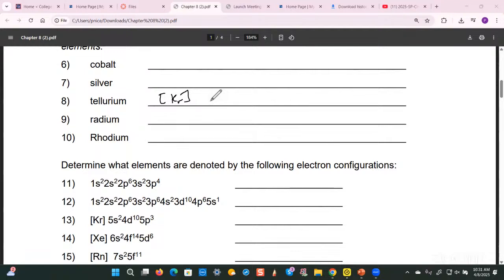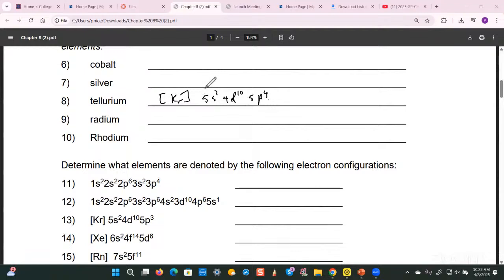And then the rest, according to what I see here, would be 5s2, 4d10, and then 5p4. And that's it.